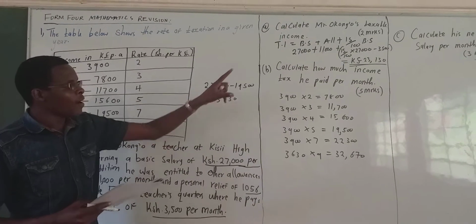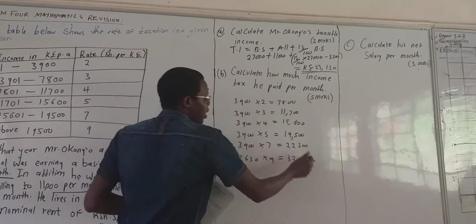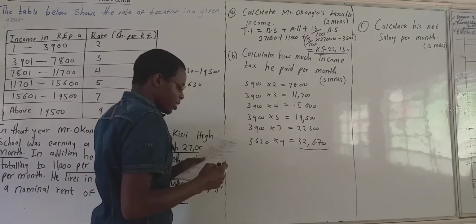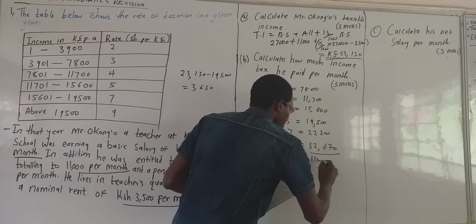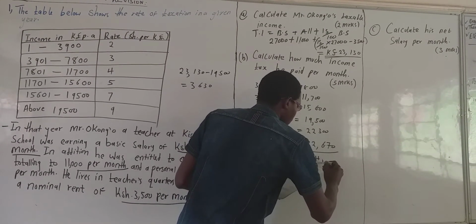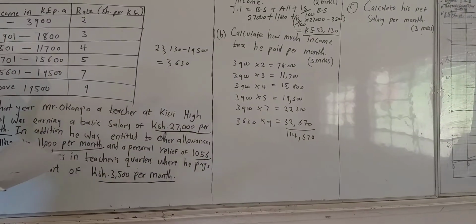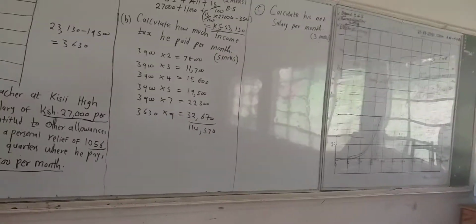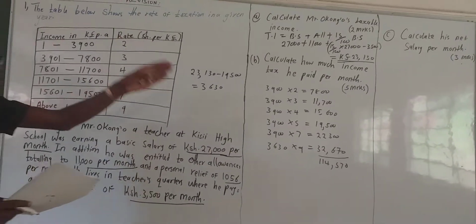Then we do the summation of everything. We sum what we have here, and if you do it correctly, you are going to have 114,570. That's what we have as the total deduction.